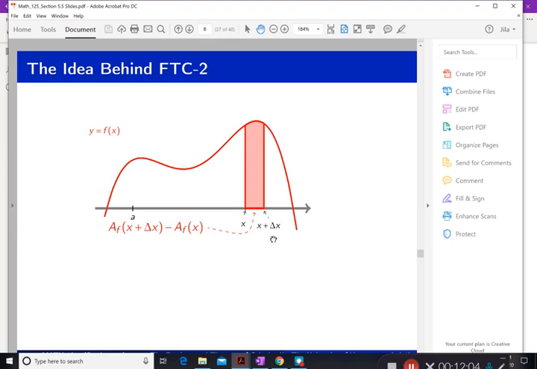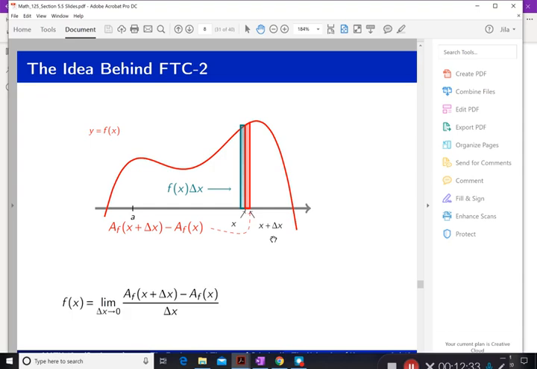So the difference between A sub f of x plus delta x minus A sub f of x is that. Look at this: it is really close to f of x times delta x, and as delta x gets smaller and smaller, the pink area gets closer and closer to just delta x times f of x.